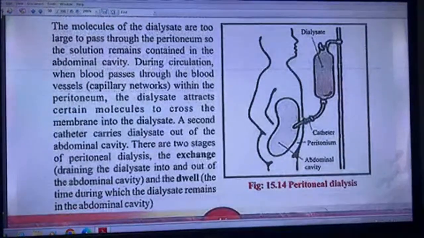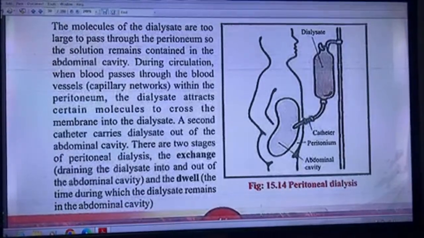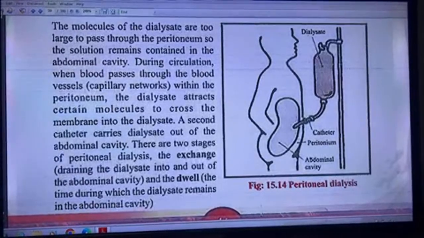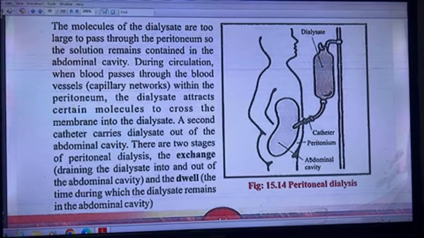The molecules of dialysate are too large to pass through the peritoneum, so the solution remains contained in the abdominal cavity. During circulation, when blood passes through the blood vessel capillary network within the peritoneum, the dialysate attracts certain molecules to cross the membrane into the dialysate.